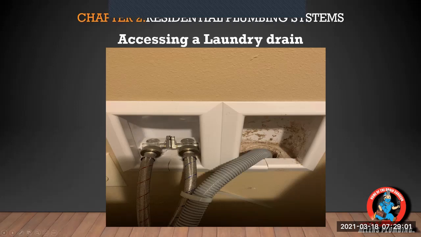Accessing a laundry drain. We've all walked up to these boxes right here. This is what you'd call a washer box. You have your water supply, hot and cold, and then you have one port for your drain.